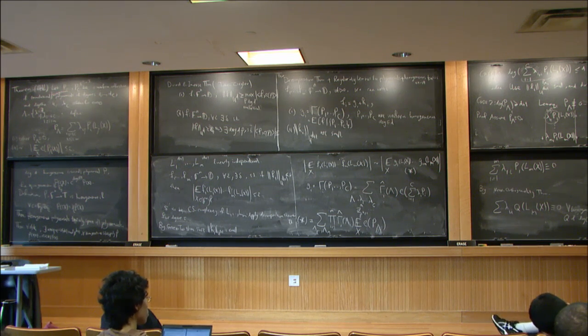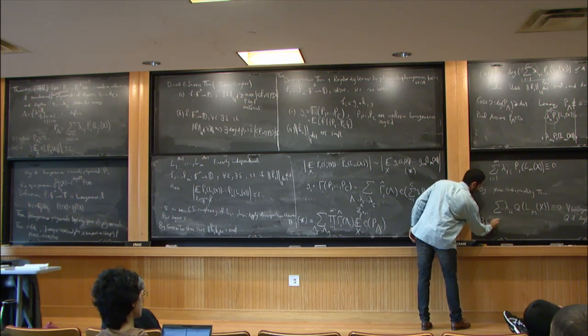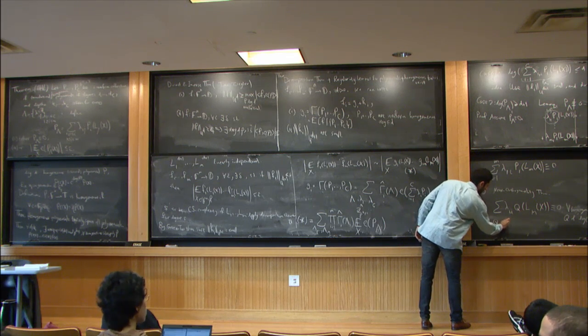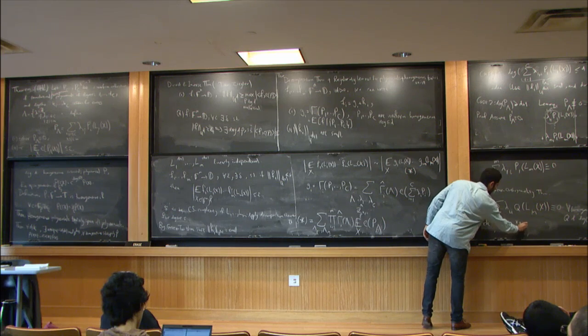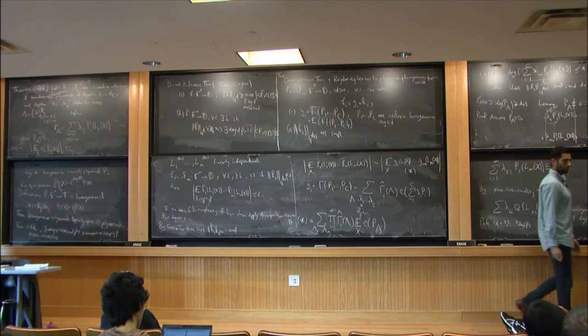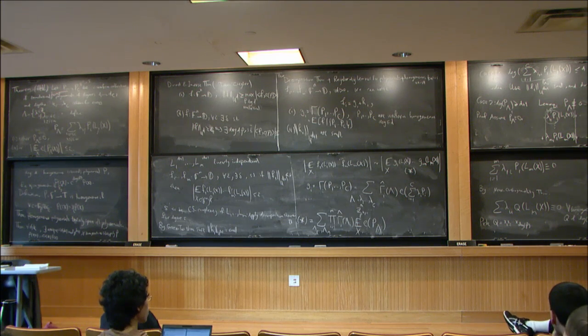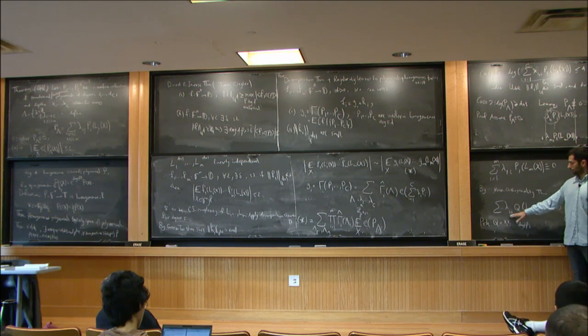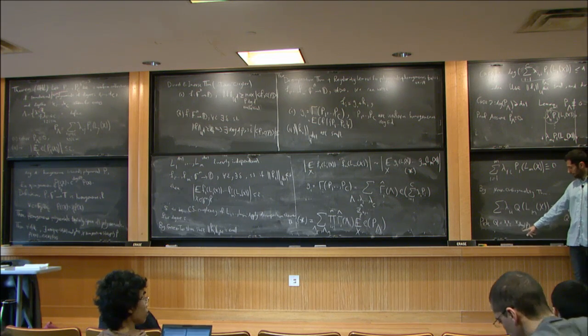Now what do we do? We choose depth to be 0, so plug in just a monomial. Pick q to be just x1, x2, up to x degree of p. What happens? All the terms here that have a coefficient that's divisible by p will be killed, because this is classical.